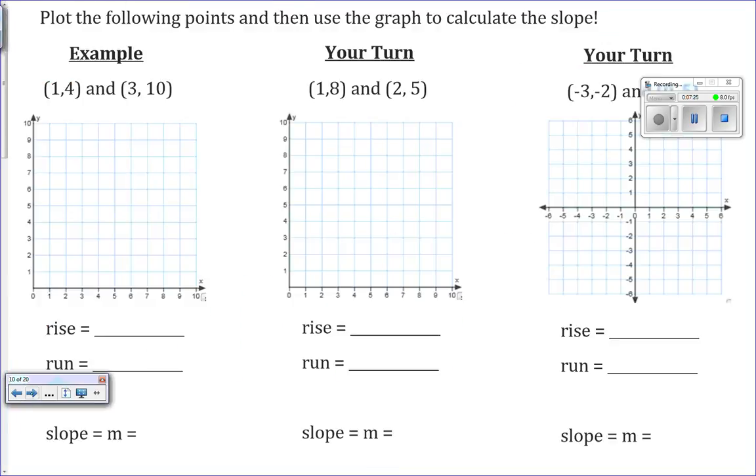Let's turn the page. So we're going to plot the following points and then use the graph to calculate the slope. So it's not too hard. There's just 2 points here, 1, 4, 3, 10. So let's go over 1, up 4. Let's go over 3 and up 10, somewhere like right there. Okay. I need to figure out what the rise is.